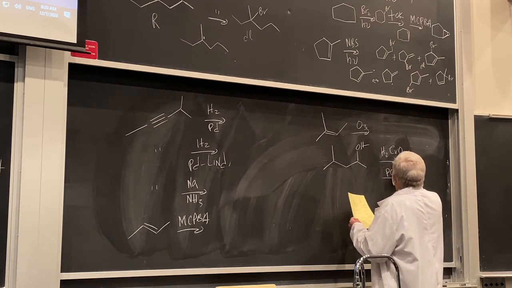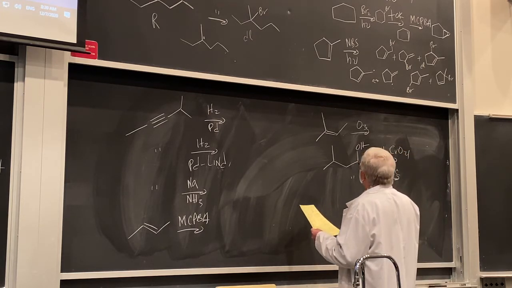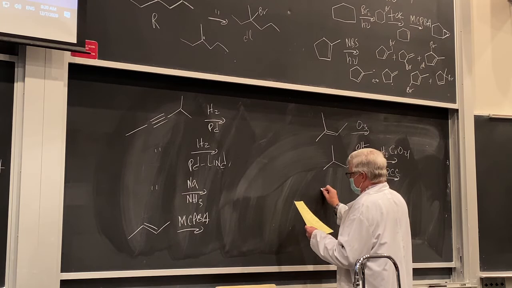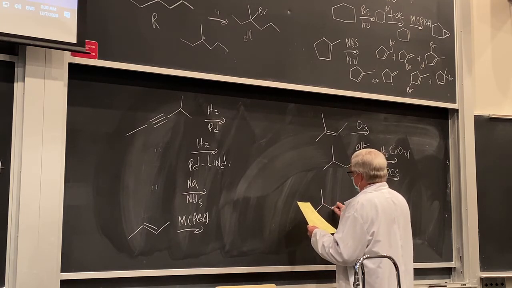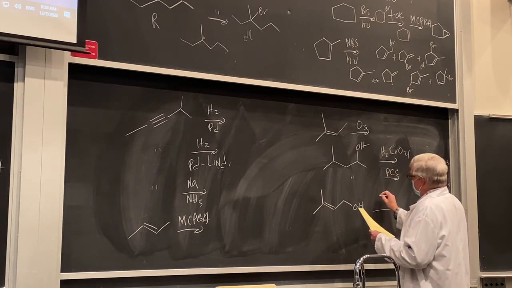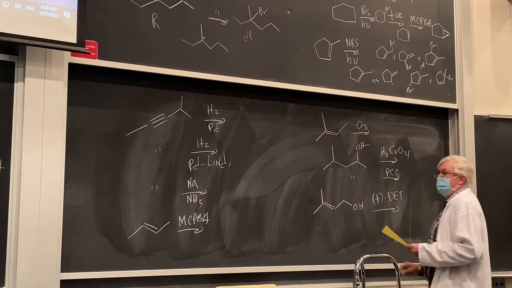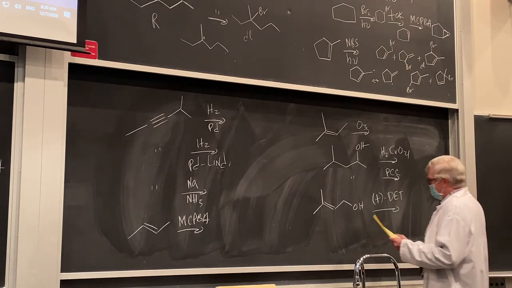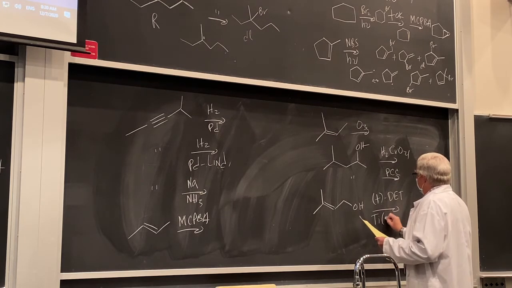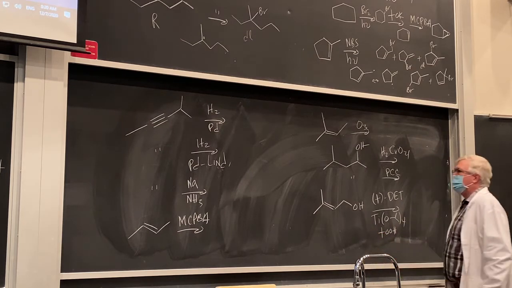And this same one with PCC. And let's see, how about this alkene with this set of conditions, plus dextrorotatory diethyl tartrate, DET, maybe you remember this, and titanium tetraisopropoxide and tert-butyl hydroperoxide.